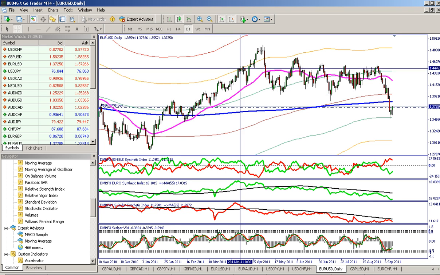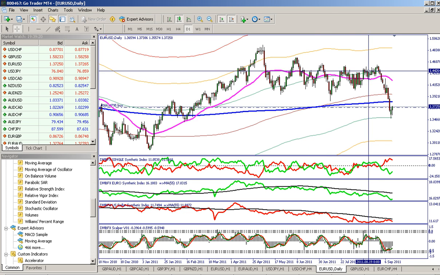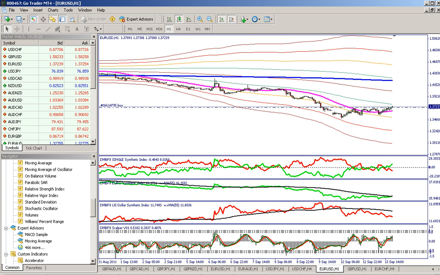And here, as you can see, it's had an upswing, and it's gone down again. So what we can basically see is that the euro is far below the long-term moving average.